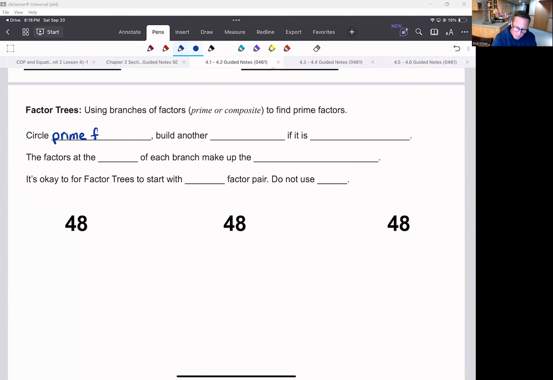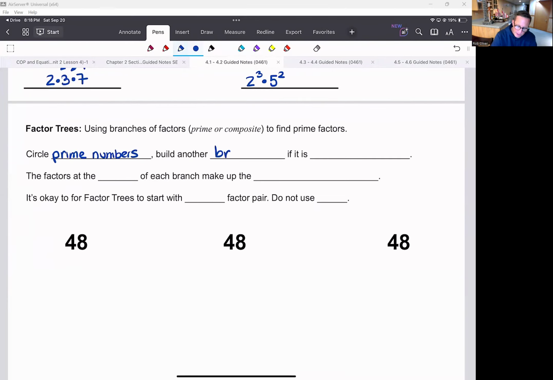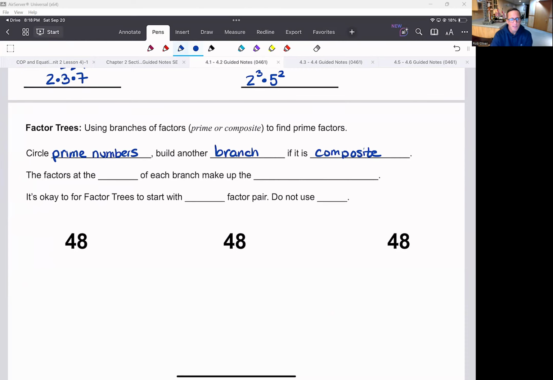I'm going to put prime numbers here, not factors. Circle prime numbers. Build another branch if it is composite. If it's a composite number, it can keep branching out. All right, the factors at the end of each branch make up the prime factors.